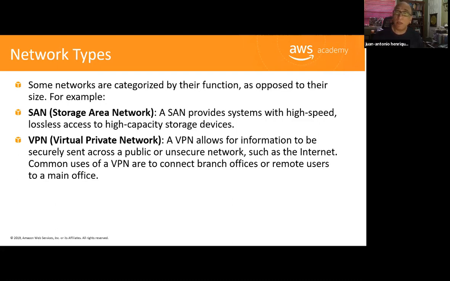Common uses of VPN are to connect branch offices or remote users to a main office. You're still using the internet when you use a VPN, but that VPN is really more restricted for your communications.